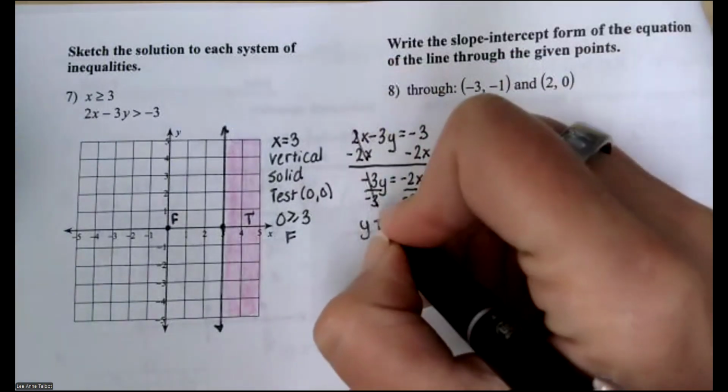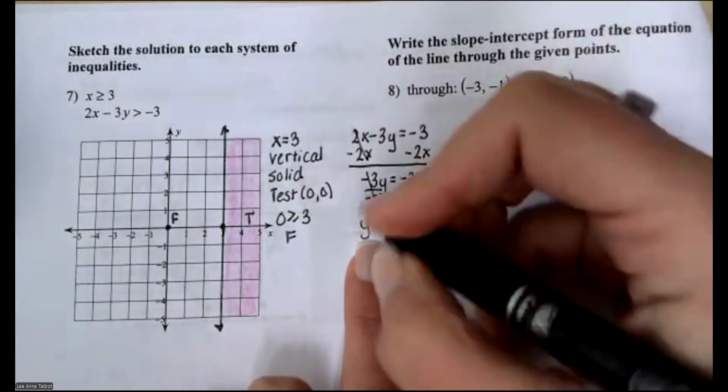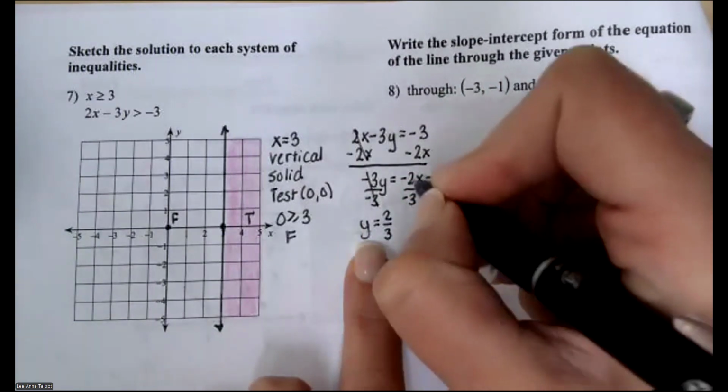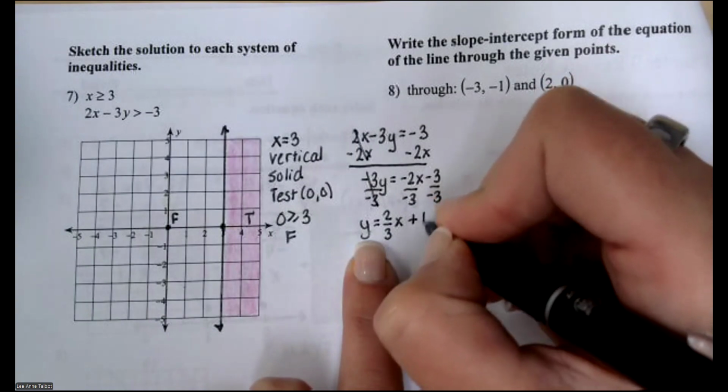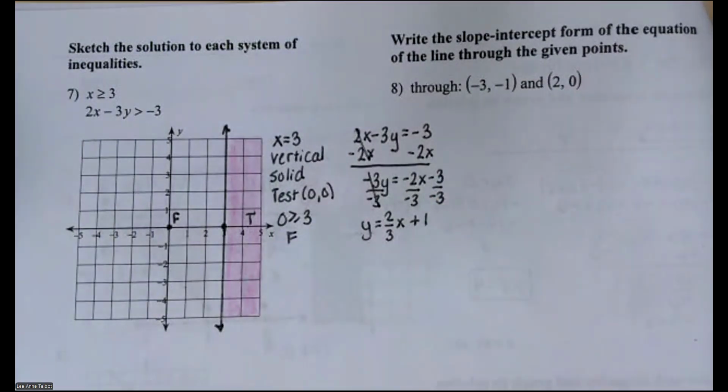Okay, so y equals, so this is going to be positive 2/3 because the two negatives cancel. And then this is going to be positive 1, which is kind of satisfying.